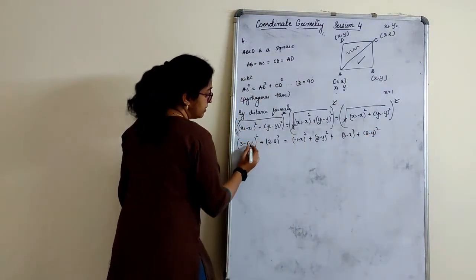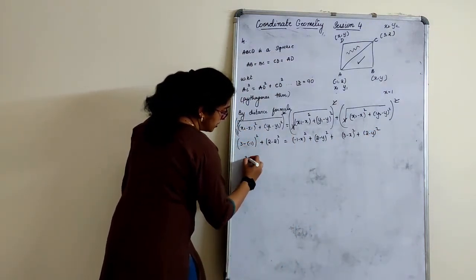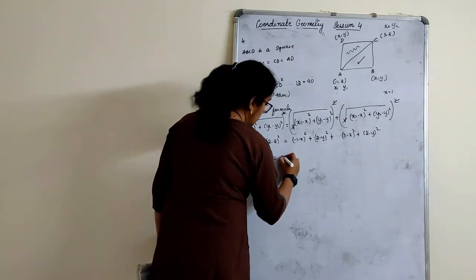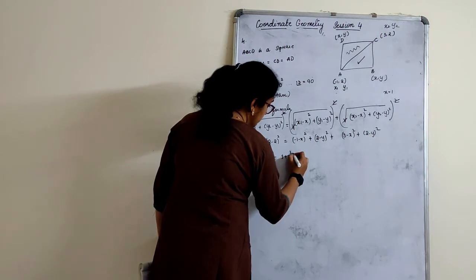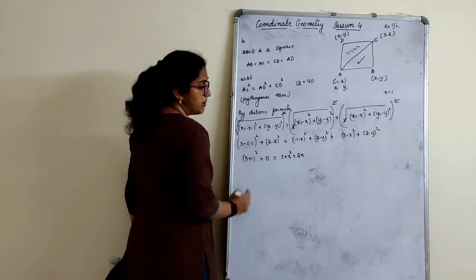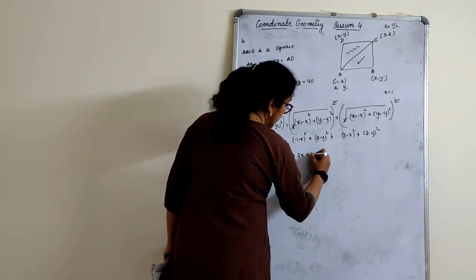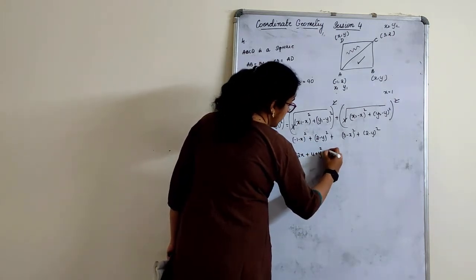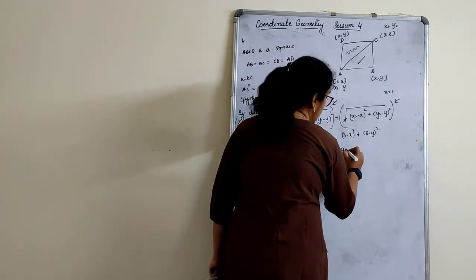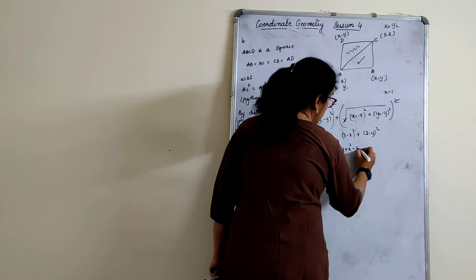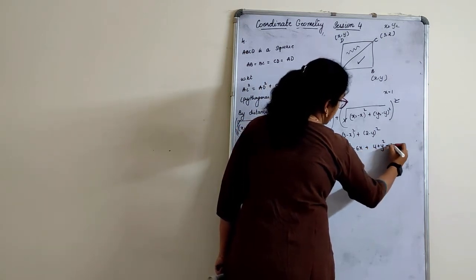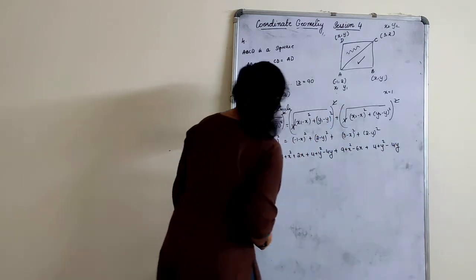So 3 plus 1 whole square plus 0, that is equal to a square plus b square minus 2ab. It will become plus because minus is there, plus a square plus b square minus 2ab.